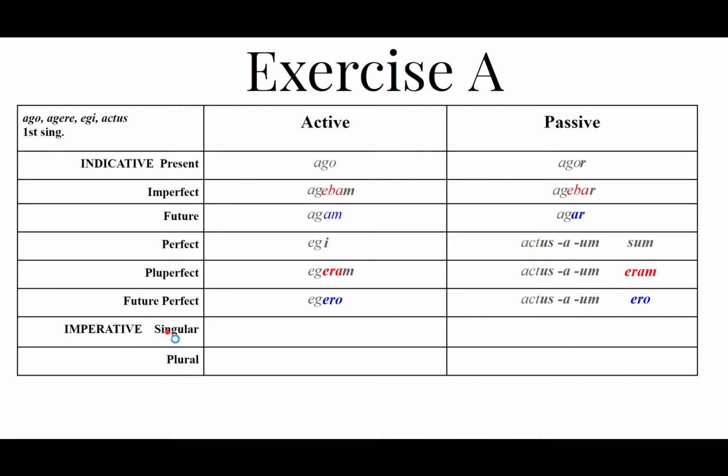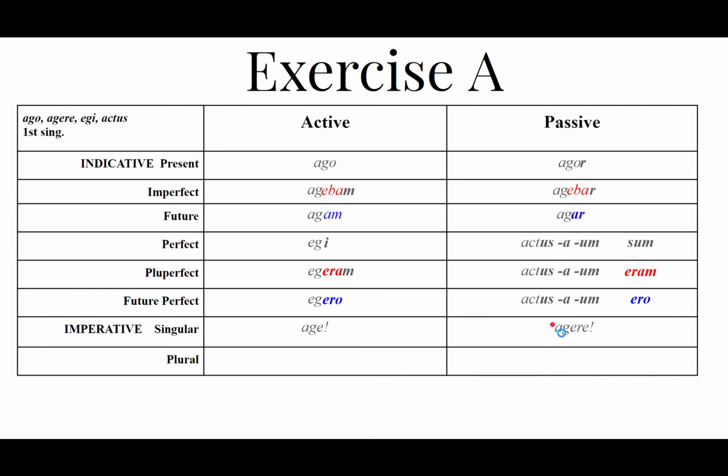For the imperatives, okay, for the imperative singular active, go to the second principal part and chop off the re, and that's the imperative. Age. Looks like age. Yeah, but it's age. For the singular passive imperative, it's still the second principal part: agere.